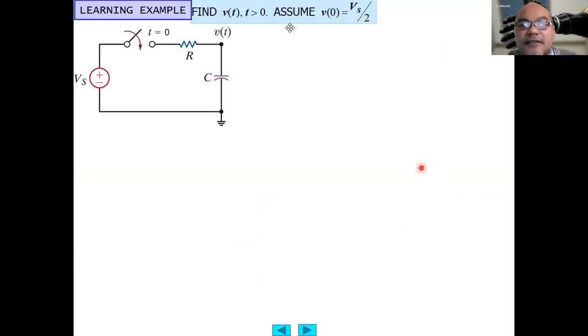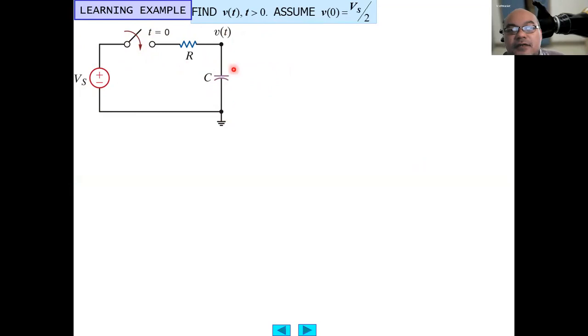For clarity, let's try to solve several examples. Find here the voltage at the capacitor, V(t), when t is larger than 0. From the switching, we know that when t is larger than 0, the switch is turned on, which means the capacitor starts charging.